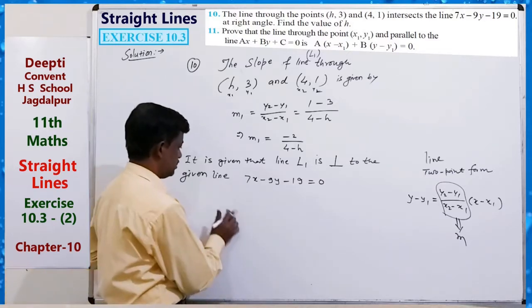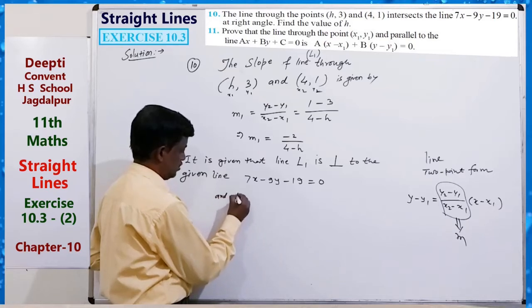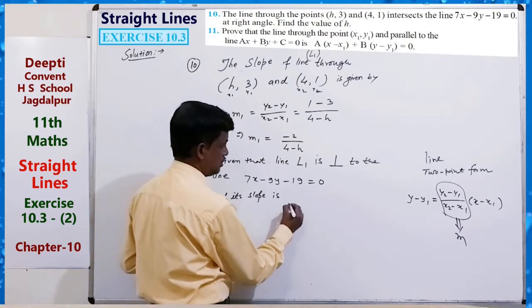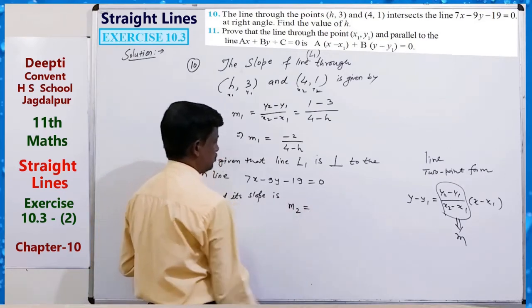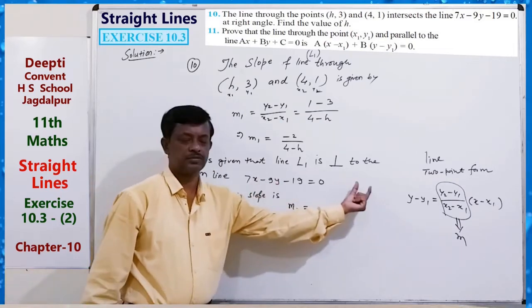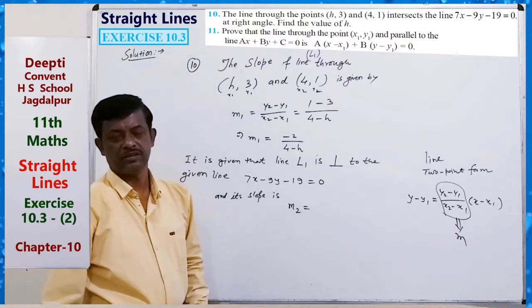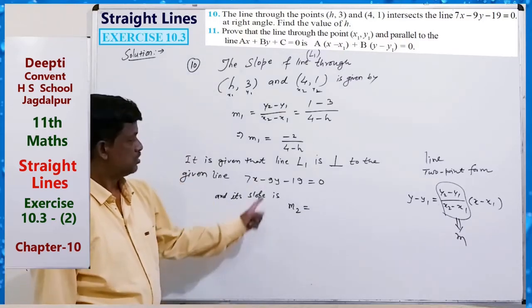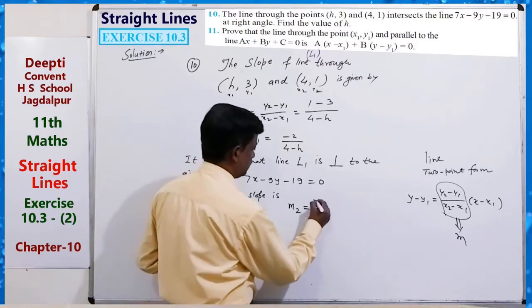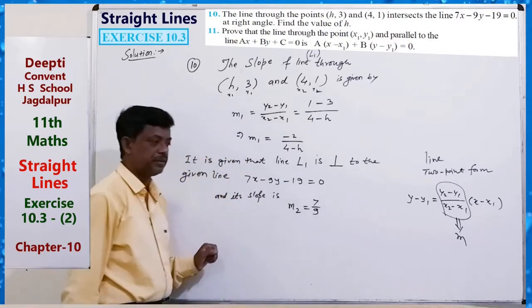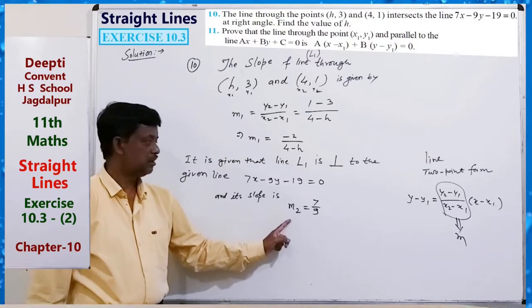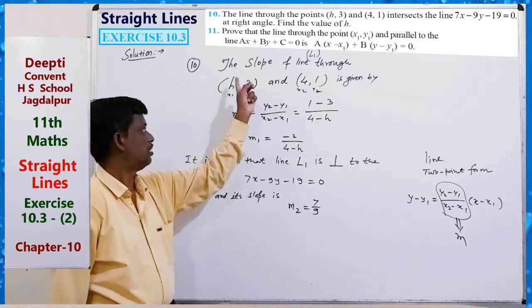Its slope m2 we can find from here. Transfer 9y to the right-hand side, then write it in the form y equals mx plus c. Dividing by 9, we get 7 by 9. This is the slope of the given line, and that was the slope of the line through the points.